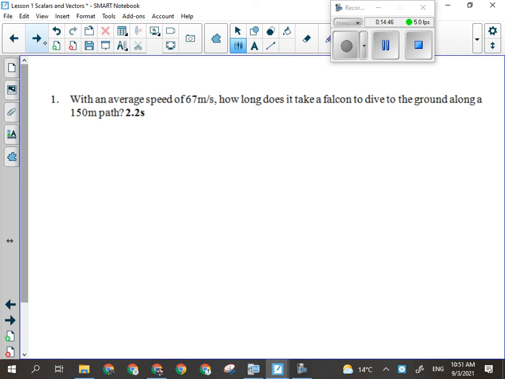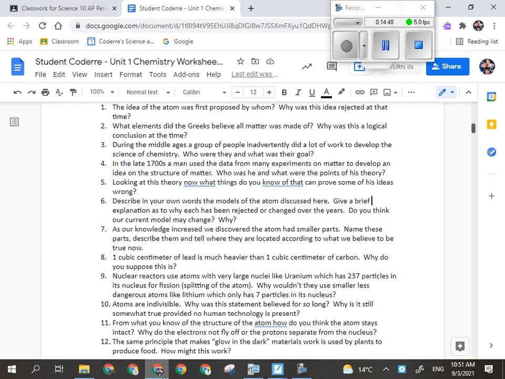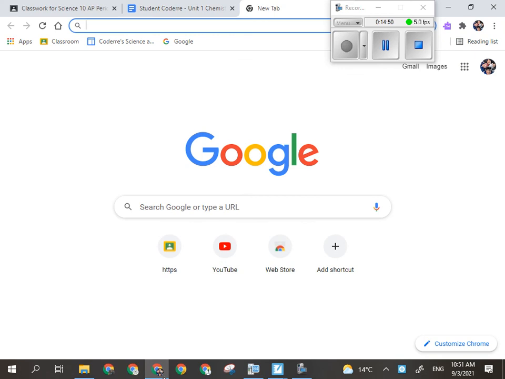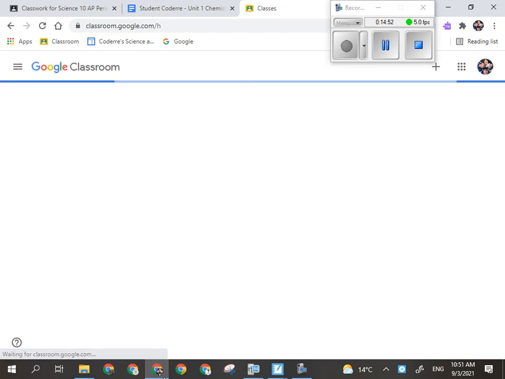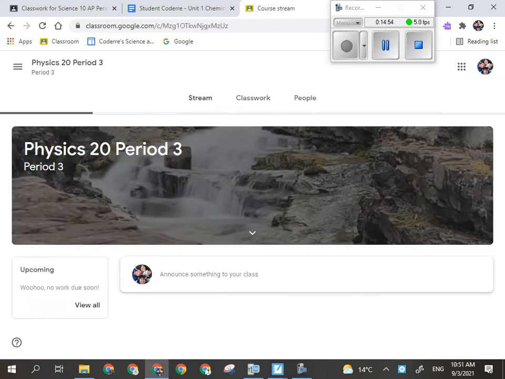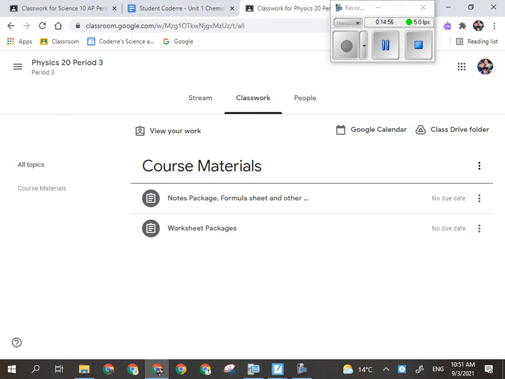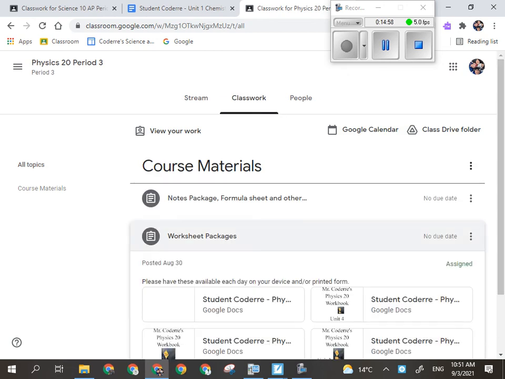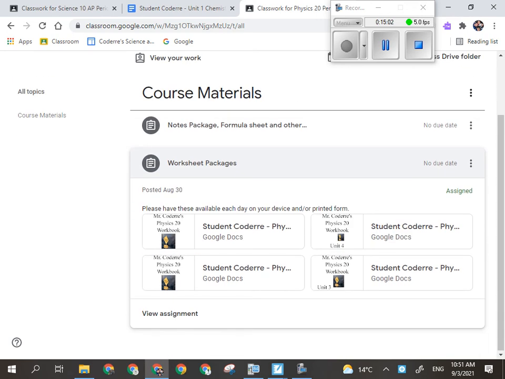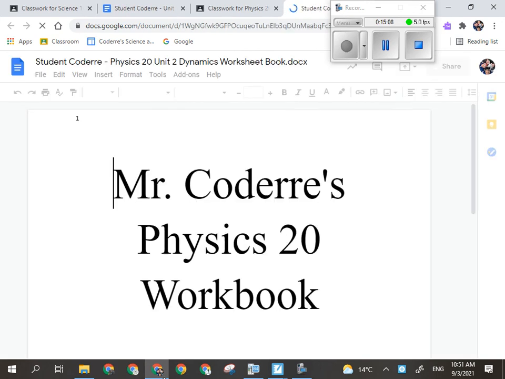So if you recall, your worksheet booklet is in the classwork tab, and that's where you'll find the questions we're going to work on. It's in worksheet packages here, and we're looking at maybe? Nope, that's dynamics.